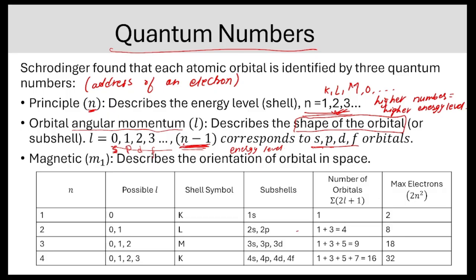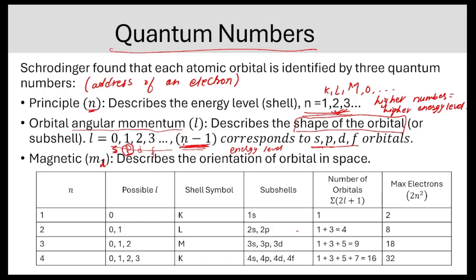Then we also have the magnetic quantum number represented by ml. Sorry, this will be l, not 1. ml defines the specific orientation of the orbital in 3D space. For example, the p subshell can have three possible orientations.